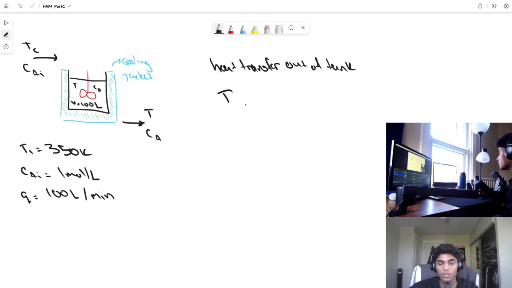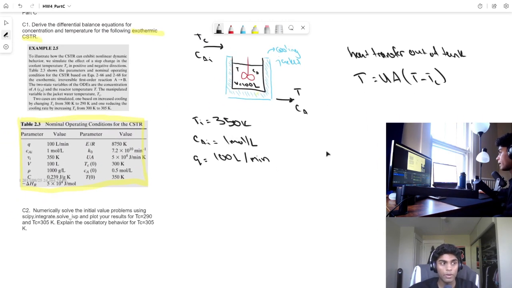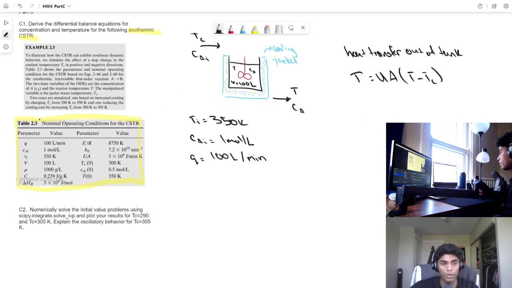We'll set the heat transfer equal to Q, and that's going to be equal to the total heat transfer coefficient, which we denote with U, times the area, times the difference in the temperatures.